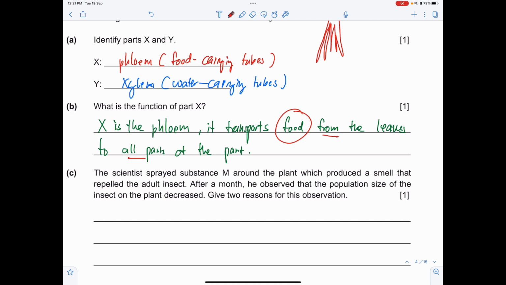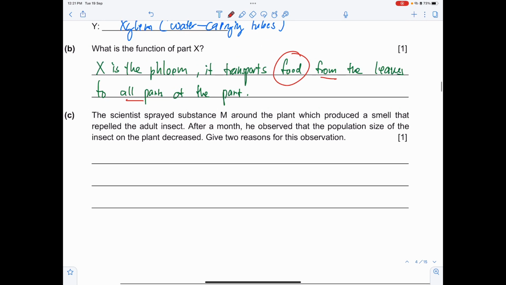Okay, next. The scientist sprayed substance M around the plant, which produced a smell that repelled the adult insect. After a month, he observed that the population size of the insect on the plant decreased. Give 2 reasons for his observation. Now, when you talk about population size, I need you guys to focus.